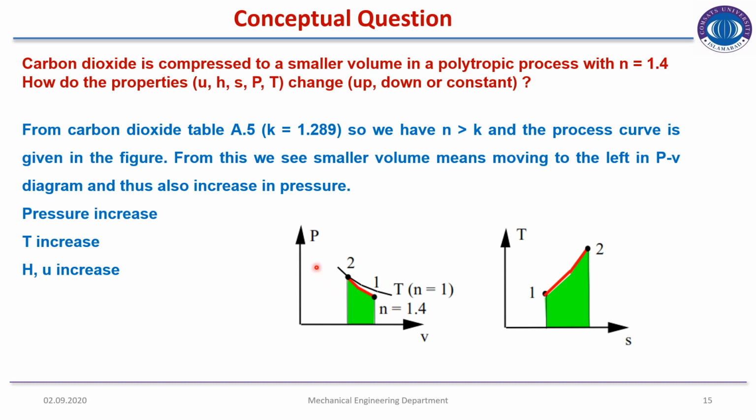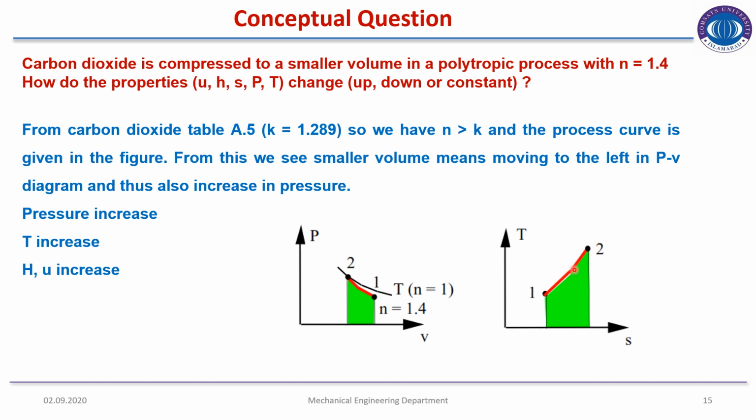So we have the PV diagram and the TS diagram. We see the process is moving from right to left. Here state 1 is represented, and at state 2 the pressure is increasing and volume is decreasing. Smaller volume means moving to the left in the PV diagram, and thus also an increase in pressure.